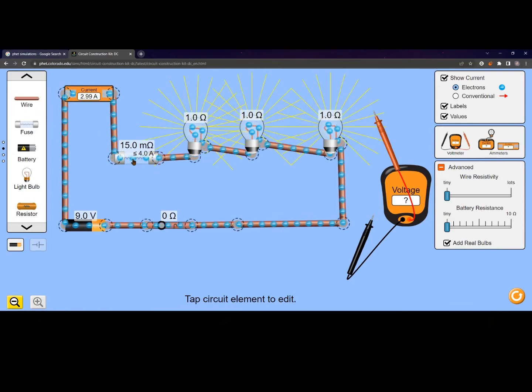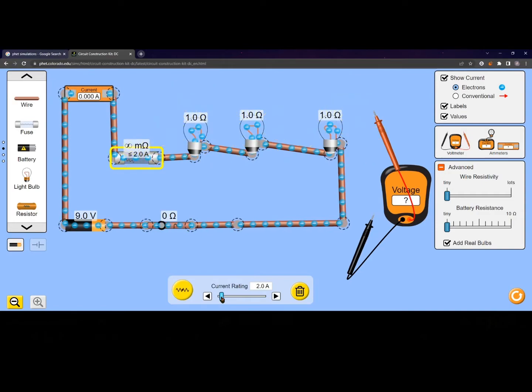Right now, this is the current rating to which this fuse will work. Oh, as soon as I drop the current rating a little bit low, the fuse blew, so I need to replace the fuse. Okay, fuse replaced. This actually happens with your devices at home as well.